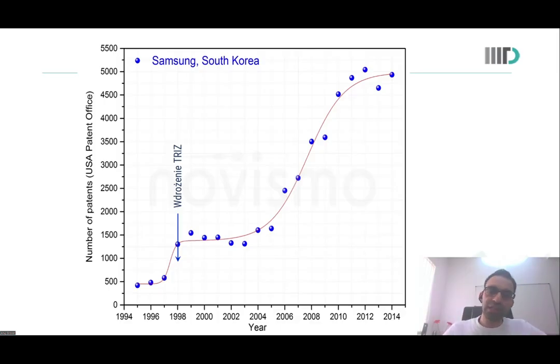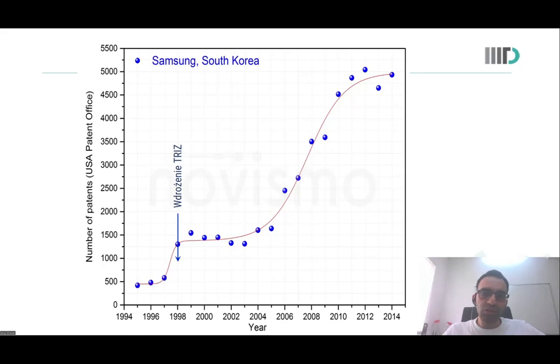This is one chart that I had shown you long back when I introduced TRIZ to you. In this chart, we have the number of patents that Samsung filed every year since 1995. Okay, 1995 to 2014, a 20 year chart this is.